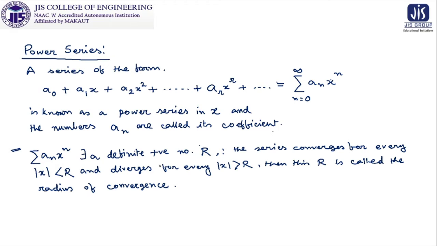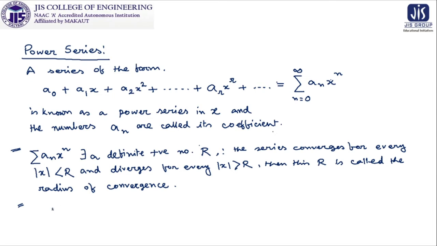Now this concept is going to be tested and verified by some problems, and there are techniques through which we can find the radius of convergence of a specific power series. Obviously there is more than one, but we are now going to use this particular form.